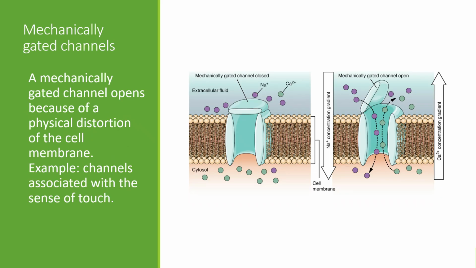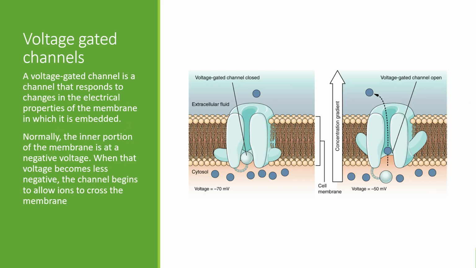A mechanically gated channel is going to open because of physical distortion of the cell membrane. This is what we see with a lot of the sensory things like your sense of touch. This is going to cause a deformation or change in the shape of the receptor, the channel, and allow things to move through. And then finally, you have voltage-gated channels.